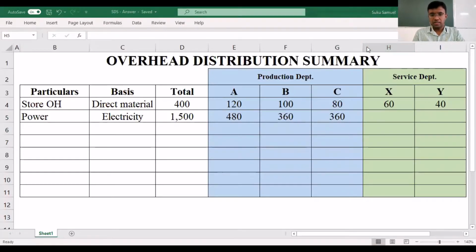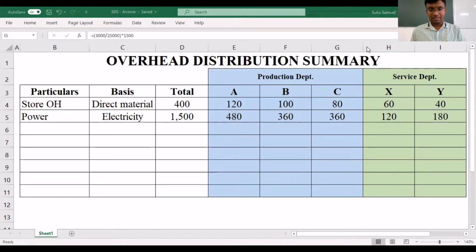Now let's work on the service department overheads. 2,000 divided by 25,000 into 1,500. This will be 120. And then finally, the last one, 3,000 divided by 25,000 into 1,500, which is 180. So this is how we go about the apportionment of power. Power has been redistributed in this manner.